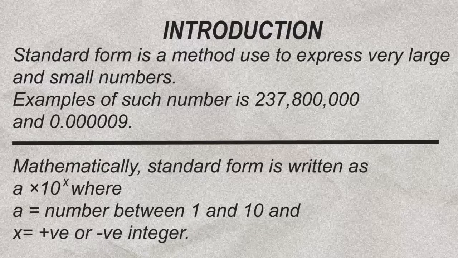Mathematically, standard form is written as a times 10 raised to power x, where a is a number between 1 and 10, and x is either a positive or a negative integer.